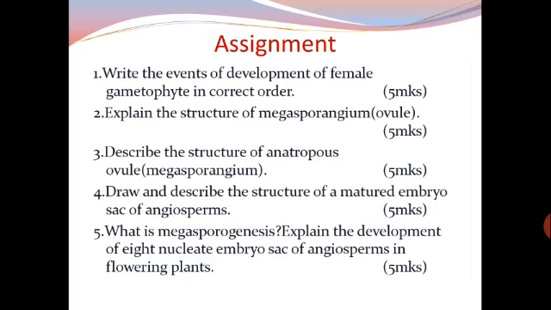This question is many a times repeated, so please practice the diagram and the description. Draw and describe the structure of matured embryo sac of angiosperms. Lastly, what is megasporogenesis? Explain the development of 8 nucleate embryo sac of angiosperms in flowering plants. These are the most important questions from this part of the chapter.